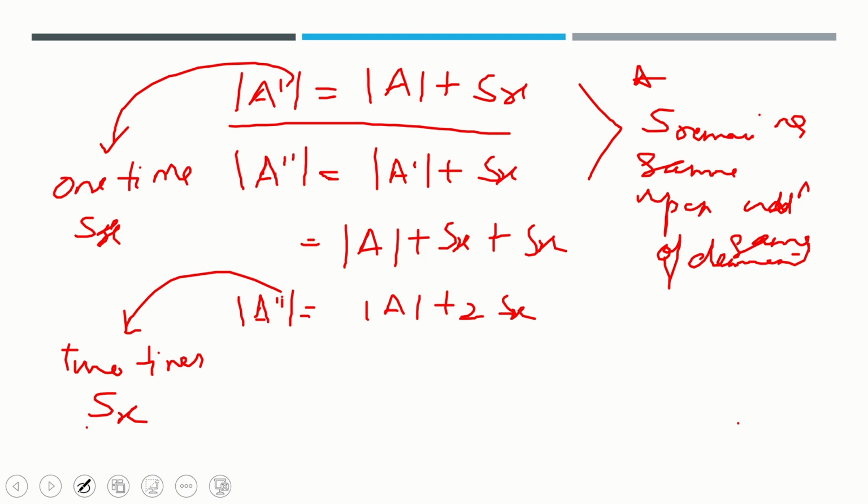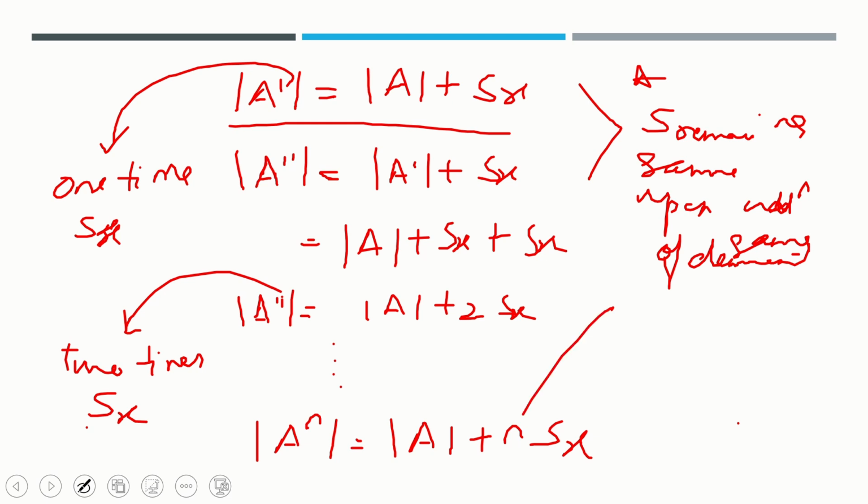So similarly, if you do like this, you will come to a conclusion: the determinant of a power n is equal to det a plus n s x. This way only we make the general equation.